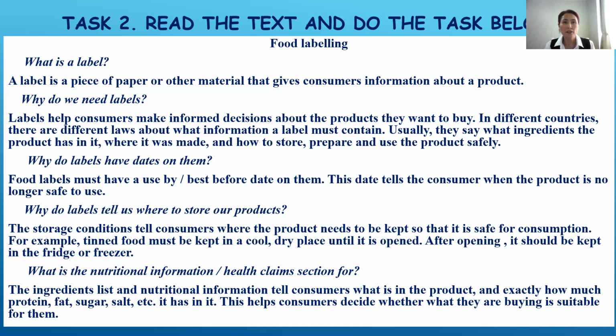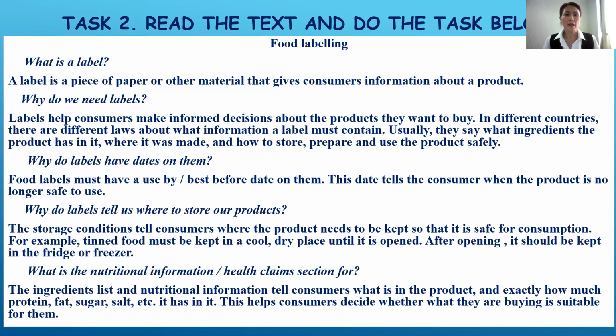In different countries, there are different laws about what information a label must contain. Usually, they say what ingredients the product has in it, where it was made, and how to store, prepare, and use the product safely.